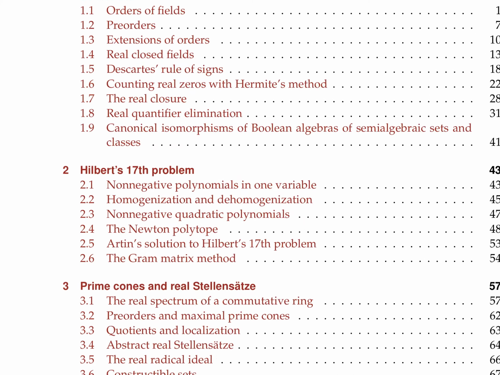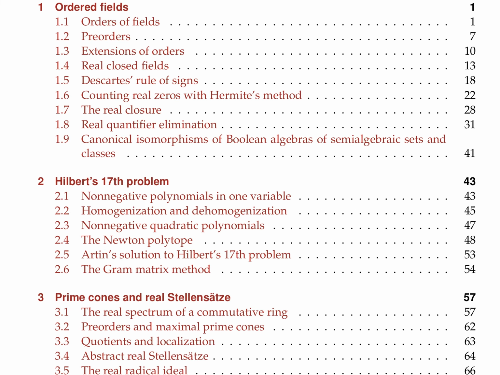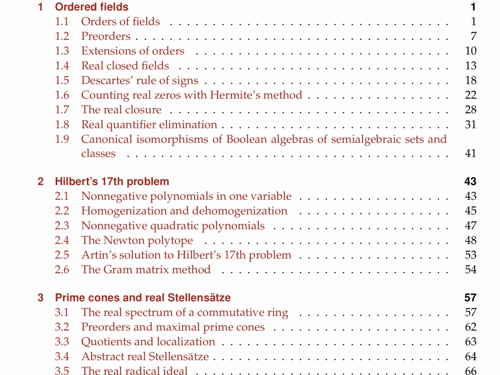Now to prepare a little bit, because it's not very well motivated to prove Artin's solution of Hilbert's 17th problem directly, we will see what the situation is for polynomials in one variable, and for quadratic polynomials, that means polynomials of degree at most 2 in several variables.